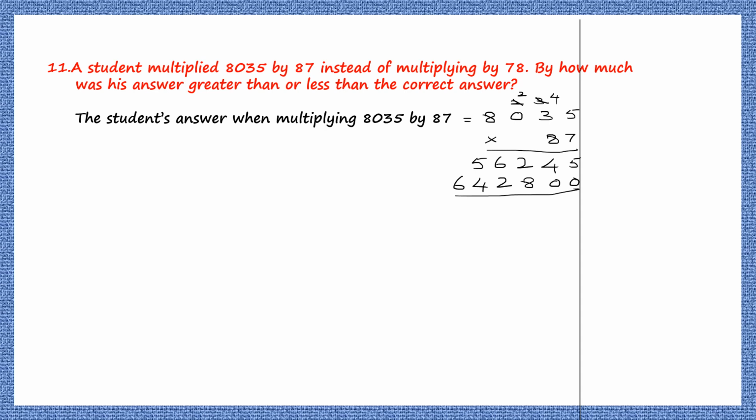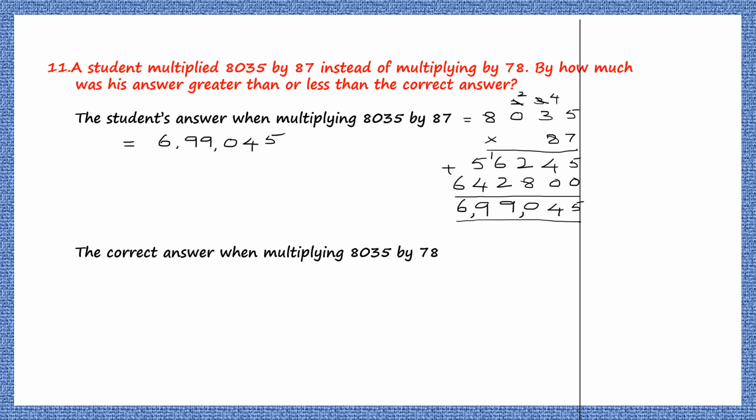Now we need to add up. 5, 4, 2 plus 8 is 10, carry 1. 6 plus 1 is 7, 8, 9. 5 plus 4 is 9, and then we have 6. So this is 6,99,045. This is the student's answer when he multiplied it by 87.